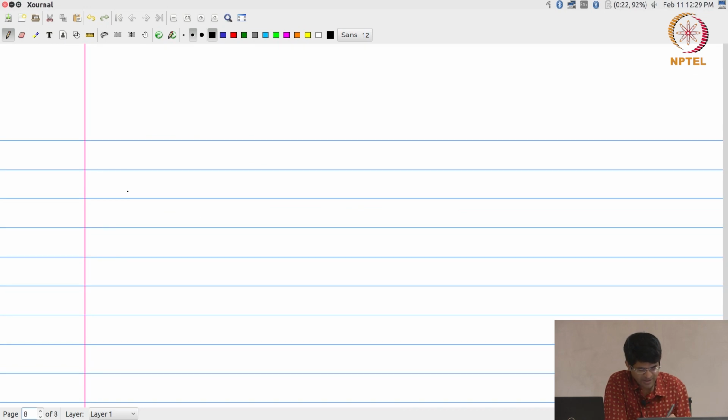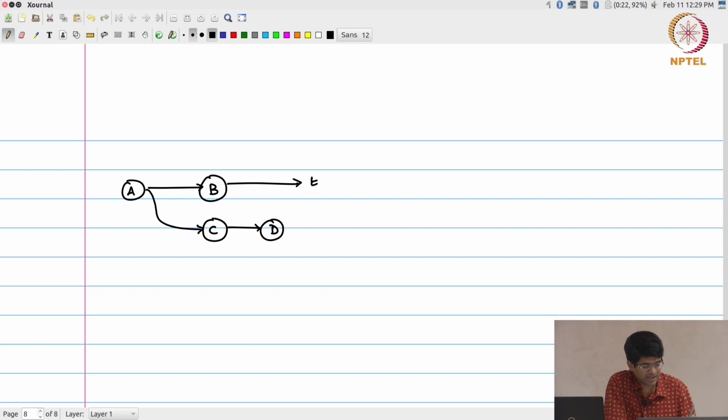I can have something which looks like there is an A, it feeds into B, it also feeds into something else C, C in turn feeds into D, both of them then combine back into E and so on. Having a network of this sort is also possible, because at the end of the day all that I care about is there should be appropriate FIFO buffers everywhere.